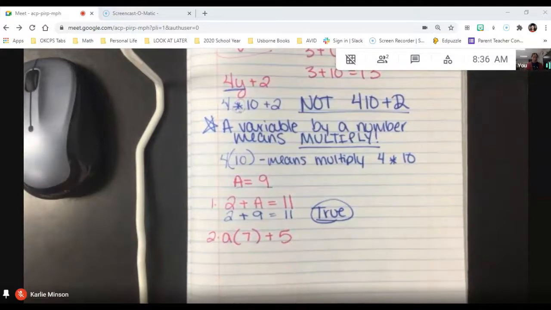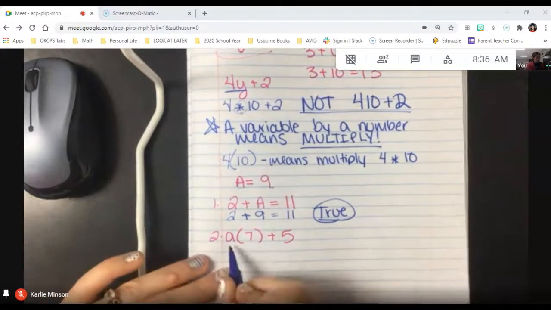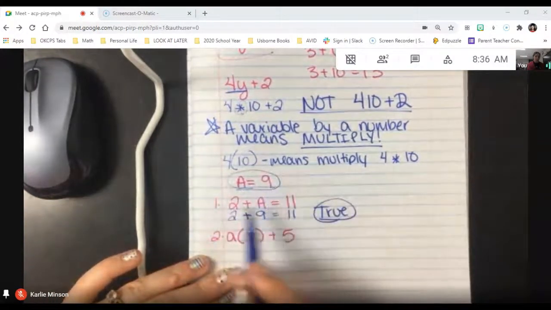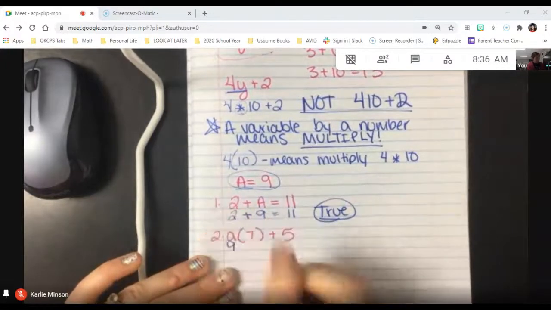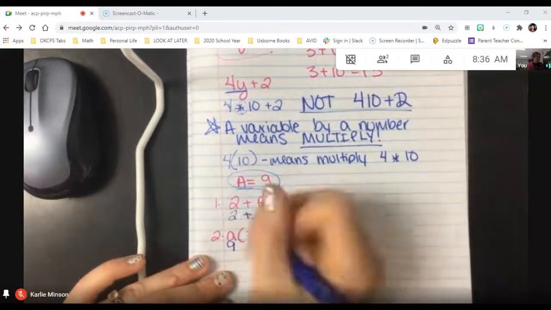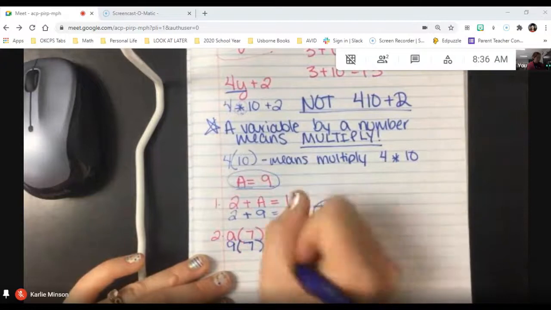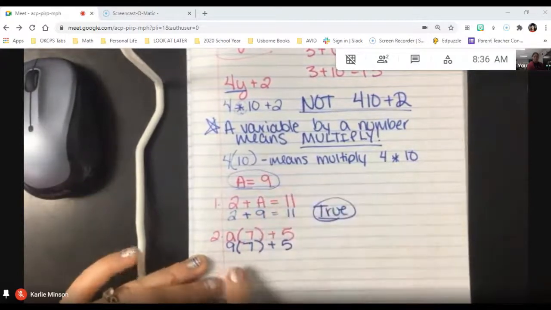Well, let's rewrite our problem plugging in that variable. A, as we were told right here, its value is 9, so let's plug in 9. We know that right beside the parentheses means multiply, so I'm just going to keep that parentheses there because we know that this is 9 times 7 plus 5.